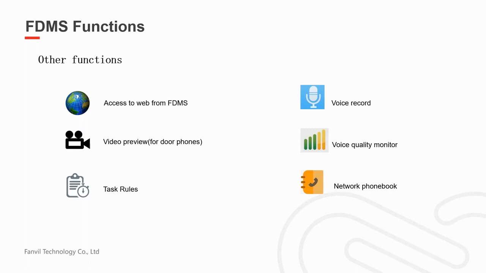For example, we need to make some configuration provisioning periodically. We need to upgrade the firmware periodically. And also we need to do some other things, for example, status checks or syslog collection. Then we can define these rules for the devices on the FDMS server. Then you can just read and get the data. No need to operate it manually.